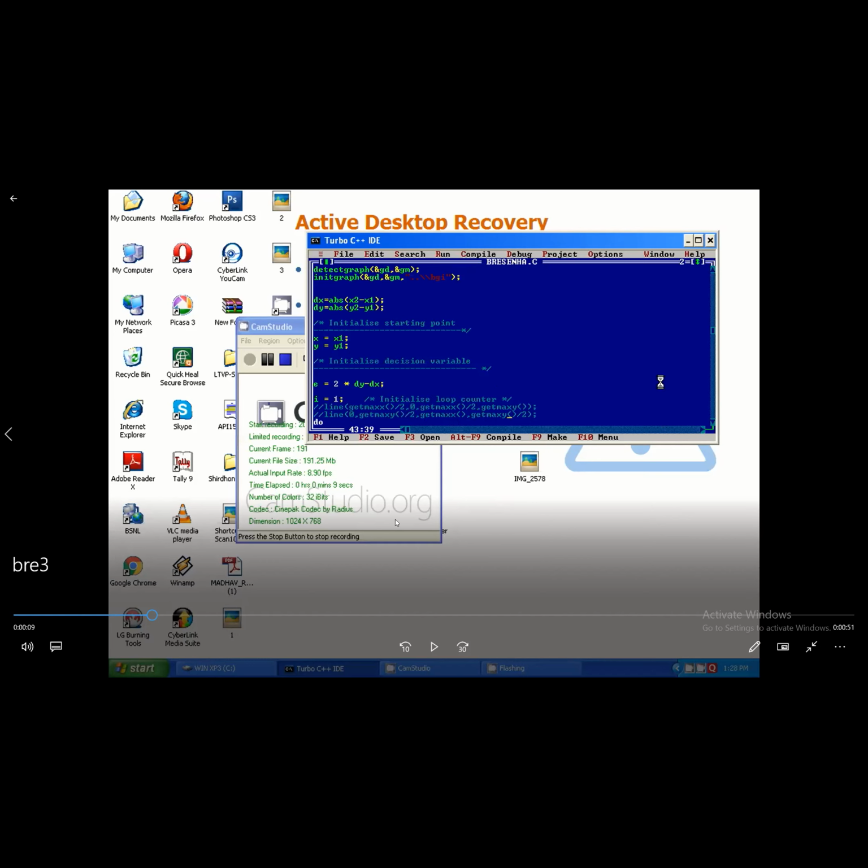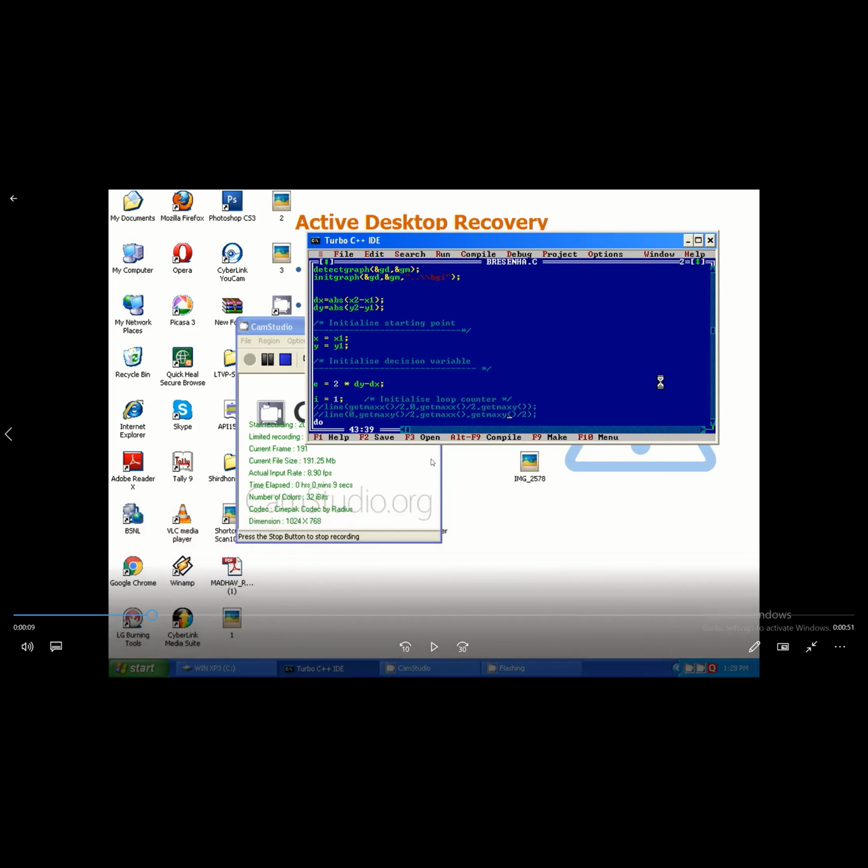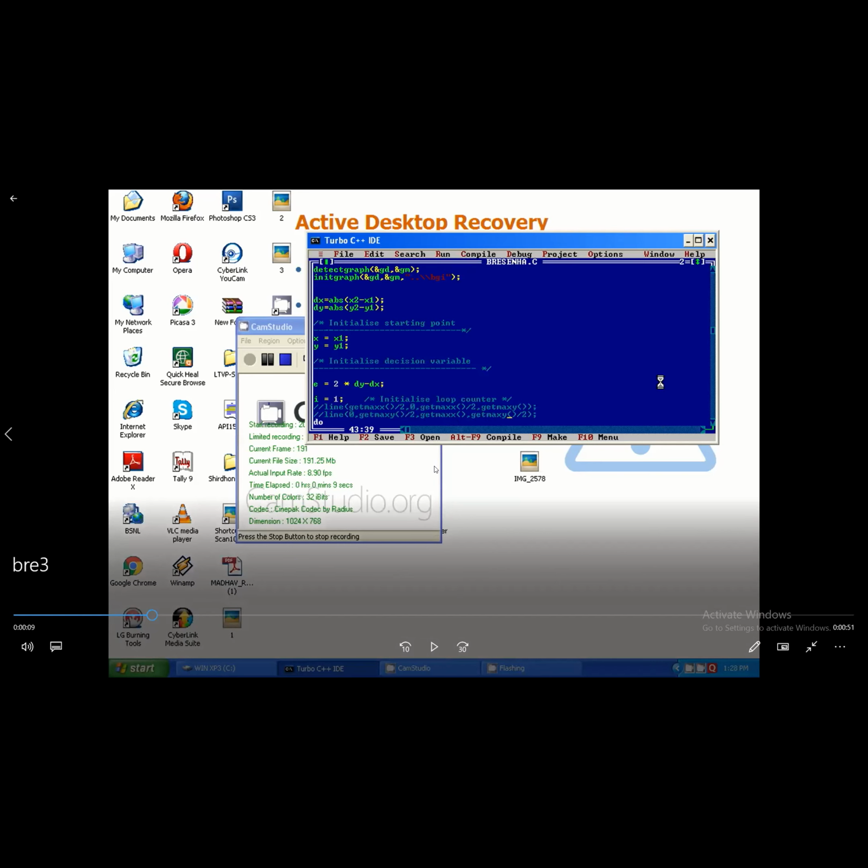And then, as I already discussed in the previous practical, if I want to shift any point with respect to your origin, that is the center of the screen, then I have to use getmaxx by 2 plus the x value and getmaxy by 2 minus the y value. The same thing I am doing here.